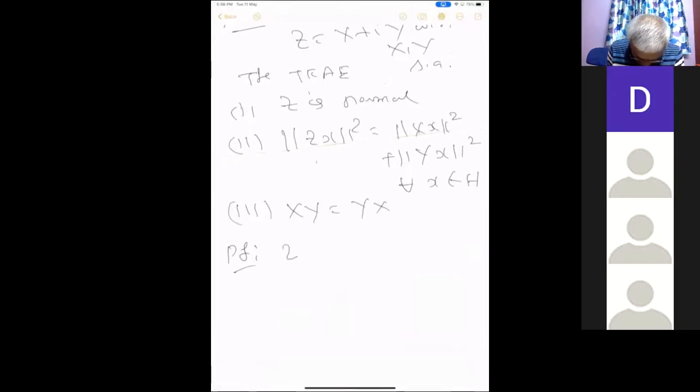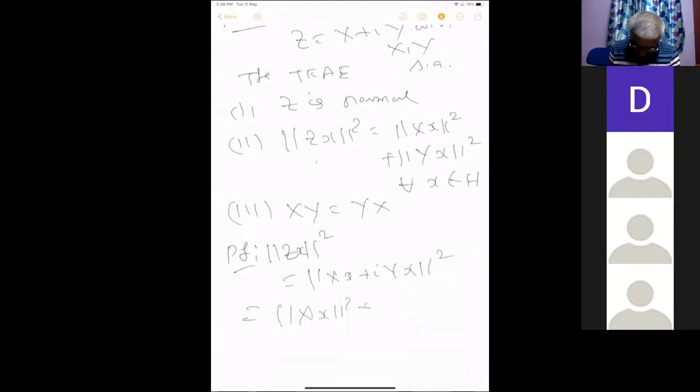We want to talk about norm Zx squared, which equals, just writing the definition, norm Xx squared plus norm Yx squared plus 2 real part of the inner product of Xx and iYx. Now you can take this i out as minus i.